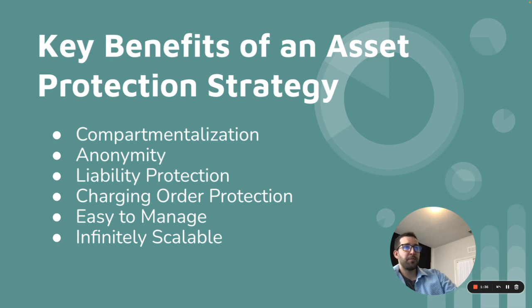Liability protection is obviously the whole point of having an LLC in the first place. I think that has become a very overused term, and a lot of people don't even know what LLC stands for. I'll go over all of that, but liability protection is something to take very seriously, and the inverse of that is charging order protection. I'll go into more detail on that as well.